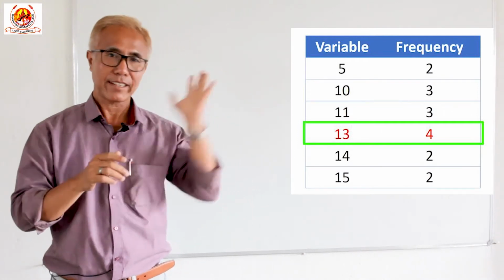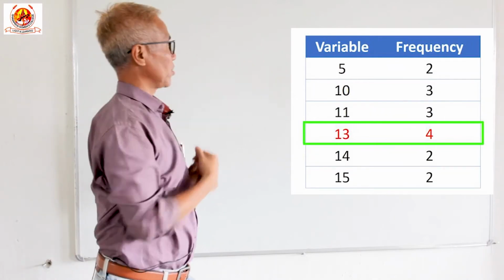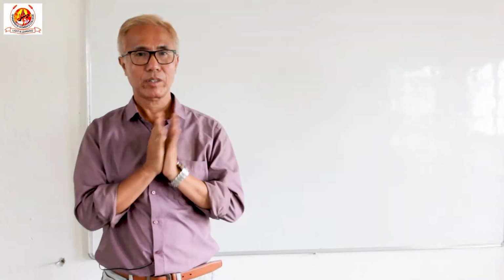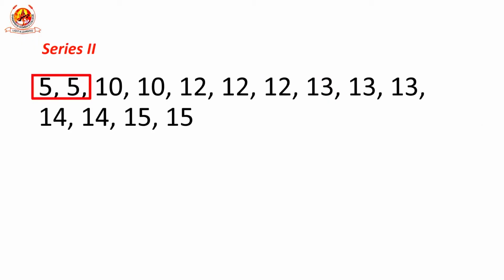Similarly, let us have the next condition, the second condition. Look here, in this condition, 5 is occurring 2 times, 10 is occurring 2 times, 12 is occurring 3 times, 13 is occurring 3 times, 14 is occurring 2 times, and 15 is occurring 2 times.